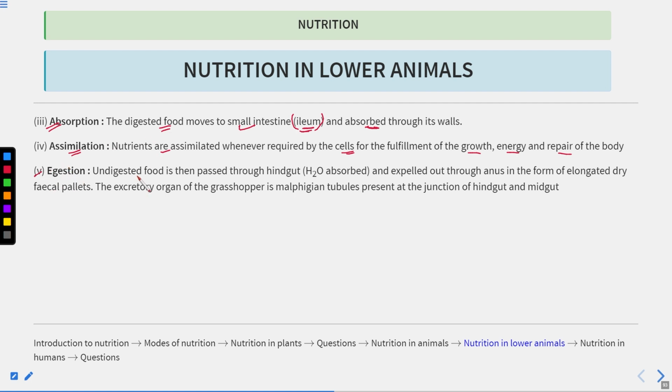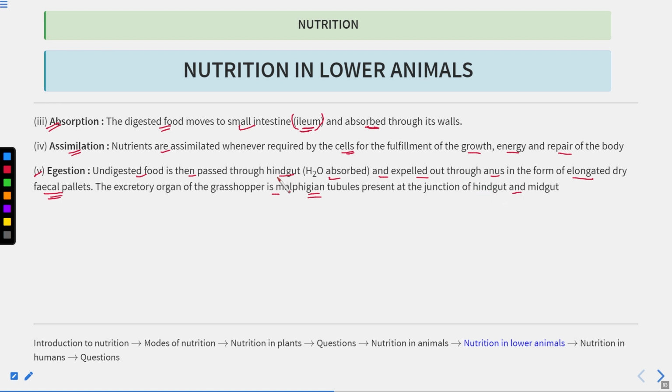Then the last step is egestion. The undigested food is passed through the hindgut. Here the water is absorbed and the waste is expelled through the anus in the form of elongated dry fecal pellets. The excretory organ of the grasshopper is known as the malpighian tubules, which are present at the junction of hindgut and midgut.